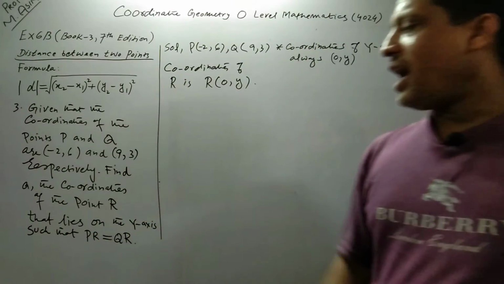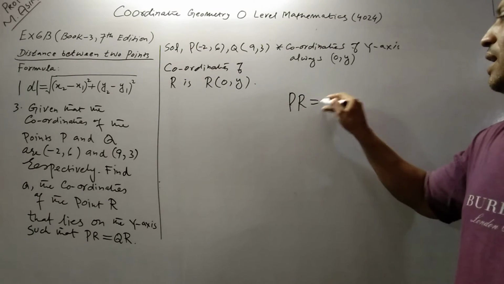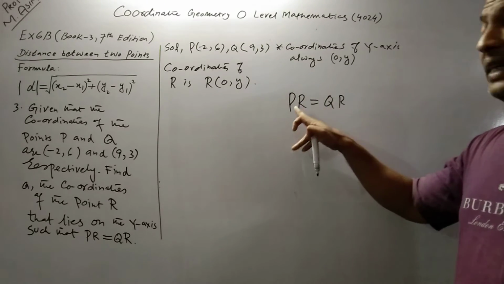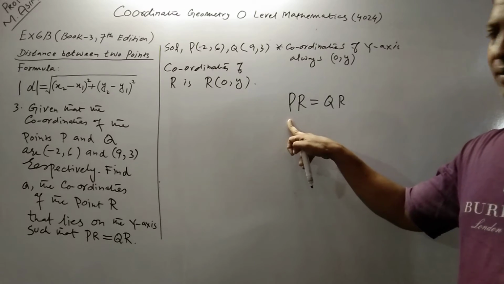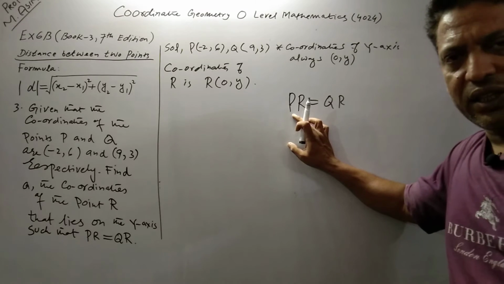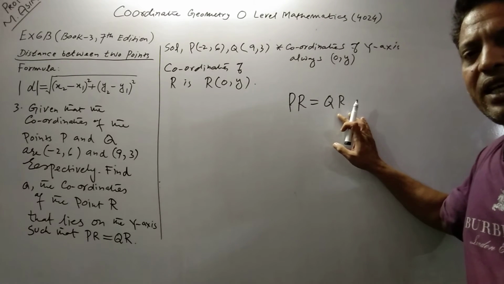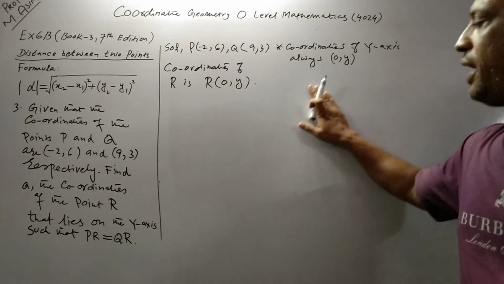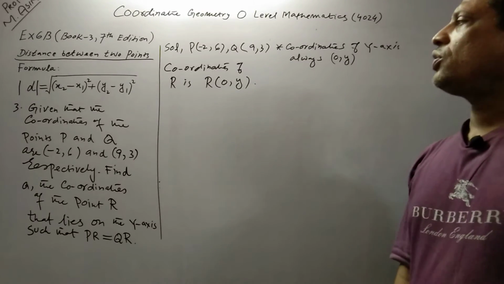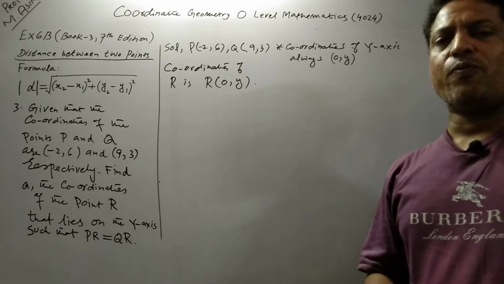PR equals QR means the distance PR equals the distance QR. So PR stands for the distance of PR and QR stands for the distance of QR. Okay, I hope you understand. So to find the distance of PR, you need the coordinates of P and R.